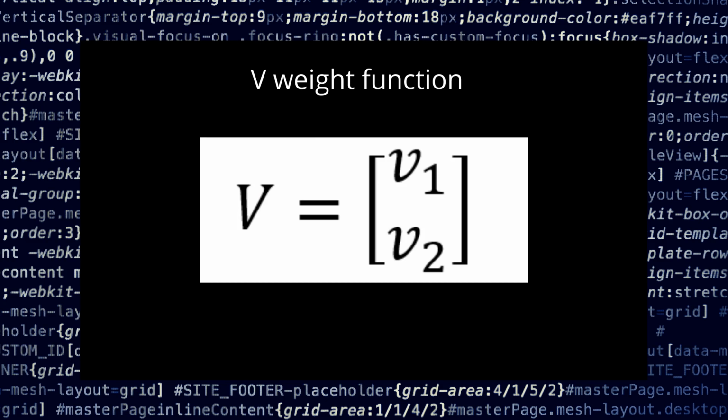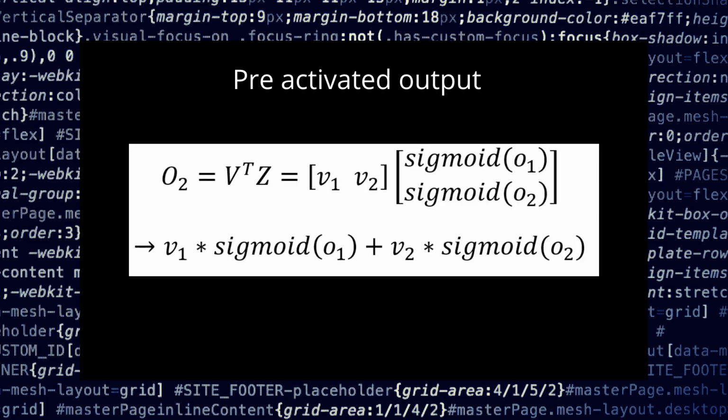Since this is only one-dimensional, due to the output only having one value in this case, we'll define that as V1 and V2. Now, just as before, our output at Y, without the sigmoid enacted onto it, would be the transpose of that weight matrix V multiplied by Z. And Z is our inputs in a way, but it's coming from the hidden layer.